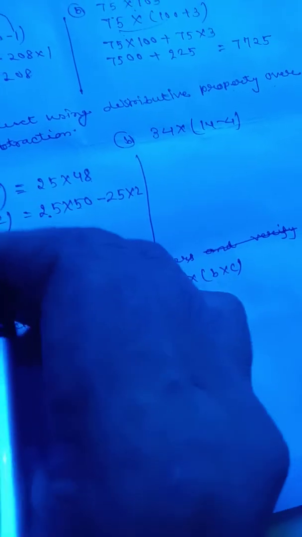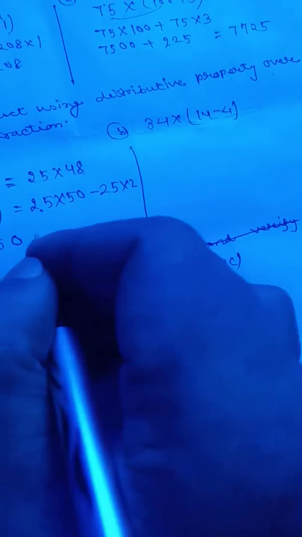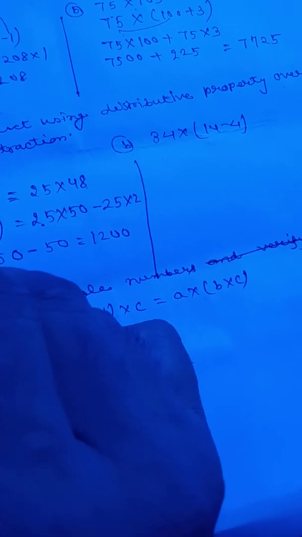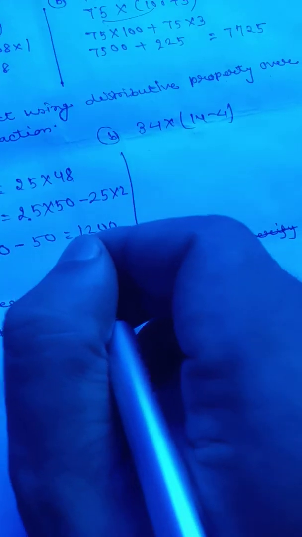We can also write 48 as 50 minus 2. So 25 into (50 minus 2) is equal to 25 into 50 minus 25 into 2. Here we get the product of 25 and 50 as 1250, minus 50, is equal to 1200. So the product of 25, 4 and 12 is here 1200.